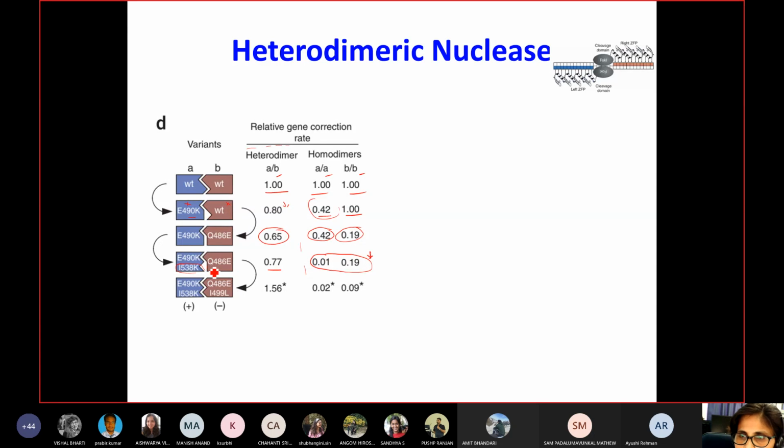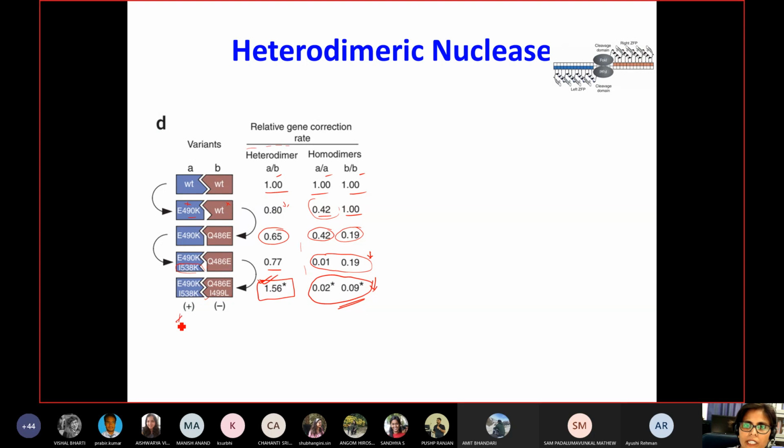And when you introduce isoleucine 499 in this case also, then you have prominent formation of only heterodimer, whereas you have very much reduced homodimer formation. So that means the problem of forming homodimers is overcome by mutating the dimer interfaces present in these two. And the same mutations are not done in the same monomer unit, but different mutants.